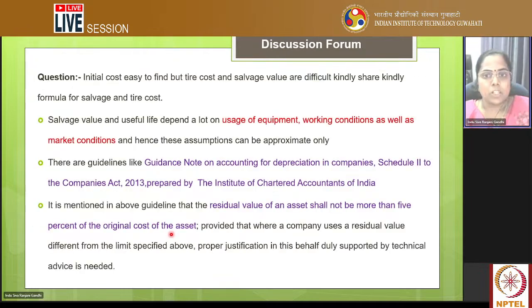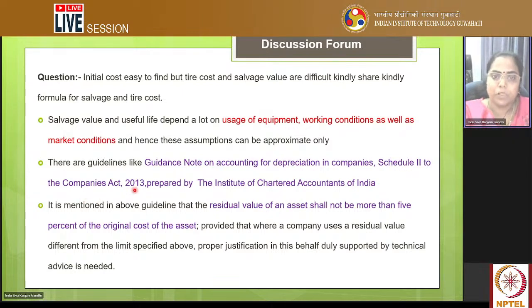The continuation of the same question, how to find the salvage value. I told you in the beginning itself, salvage value is not easy to estimate, because it is uncertain to predict. There is a lot of uncertainty with the salvage value and the useful life of the machine. But anyway, there are some guidelines, say guidelines provided by the Institute of Chartered Accountants of India, Schedule 2 to Companies Act 2013.